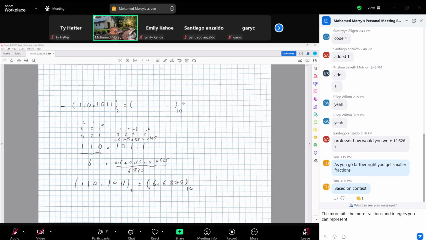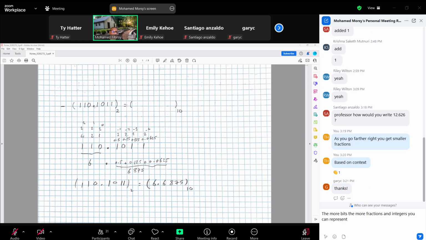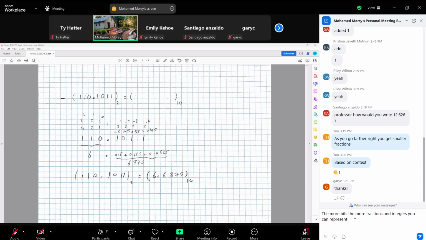Now, if we have this binary fraction, we see the point here. How do we convert it to a decimal fraction? Again, 011 corresponds to what in decimal? With the weights 1, 2, 4, 4 plus 2 is 6. We don't add 1 because it is multiplied by 0. Then the point.